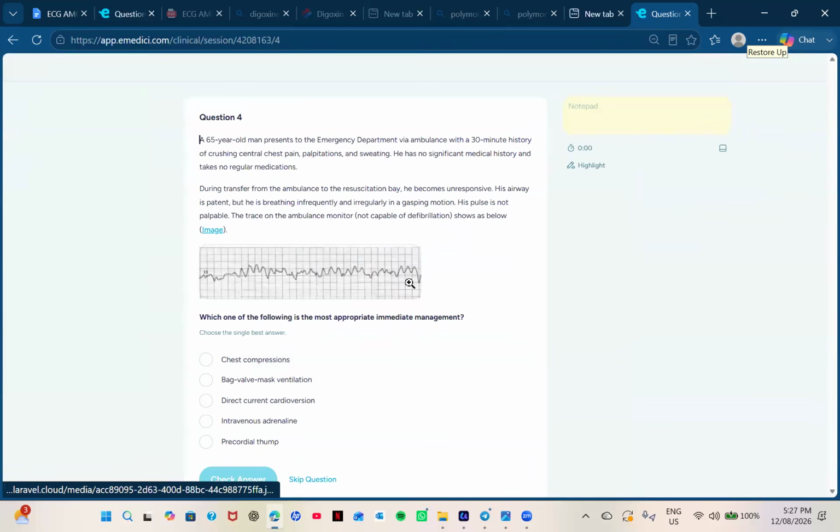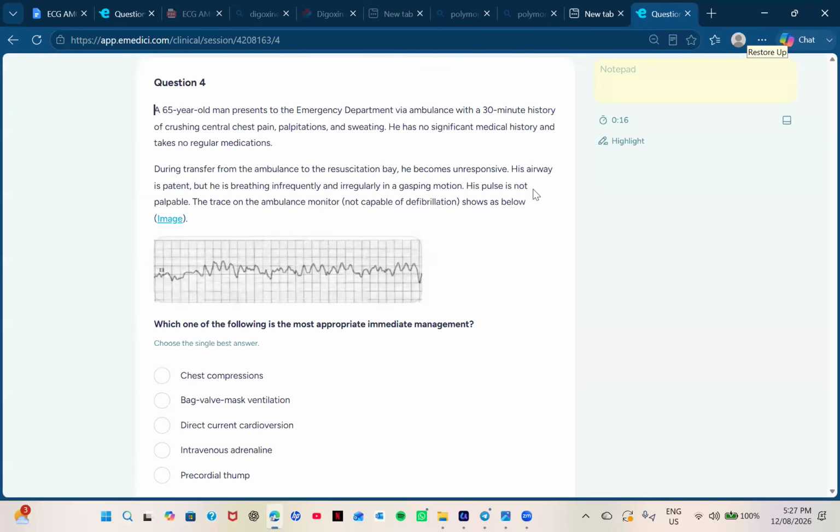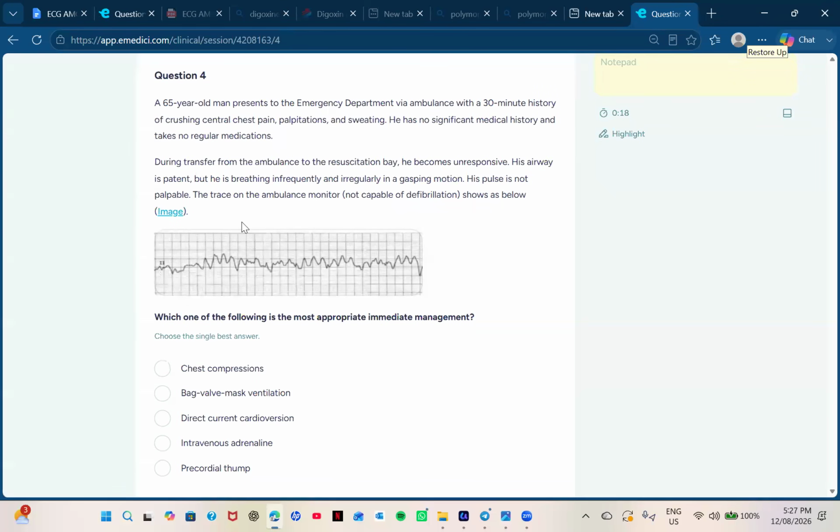A 65-year-old man presents to the ED by ambulance with a 30-minute history of crushing central chest pain, palpitations and sweating. He has no significant medical history and no regular medication.